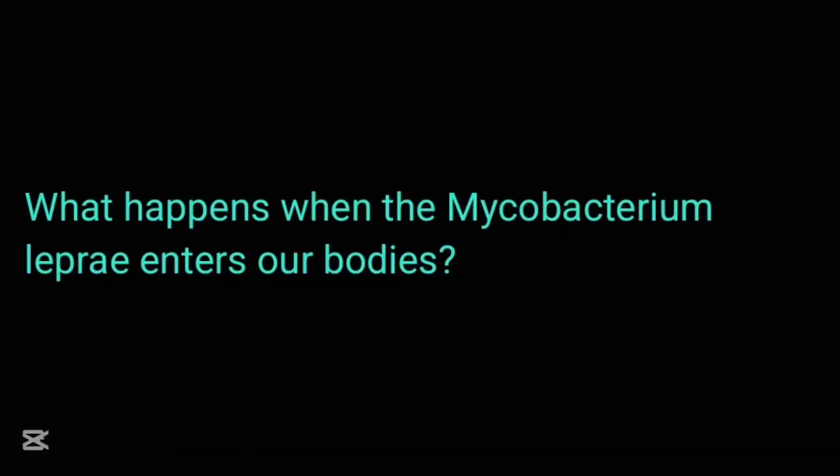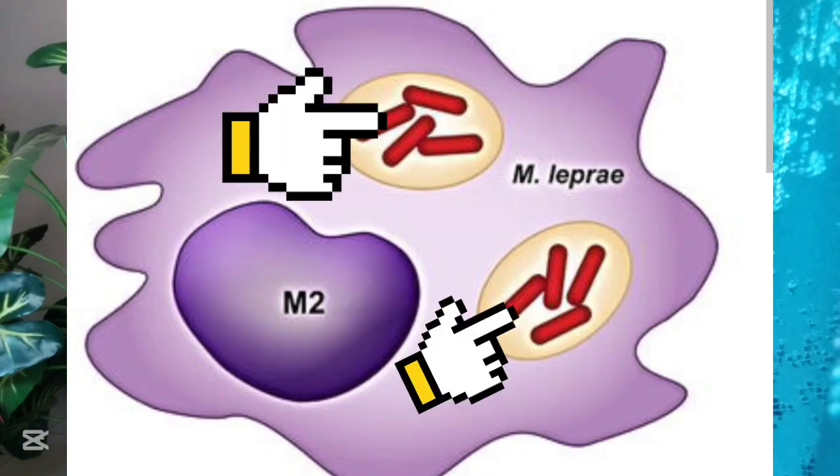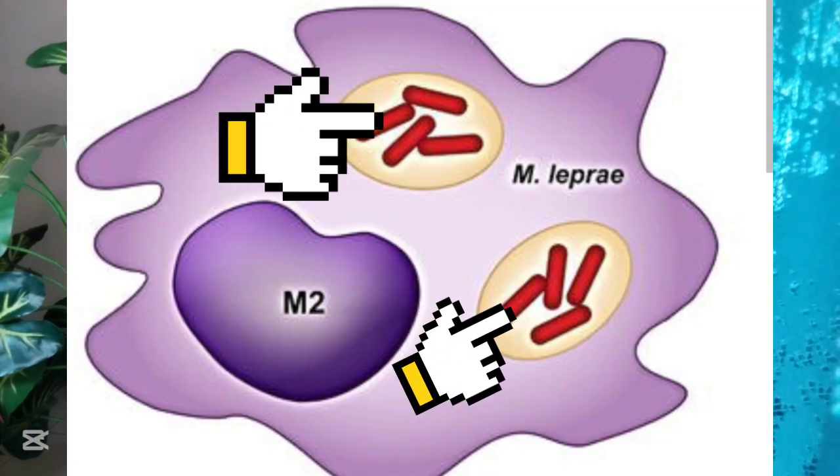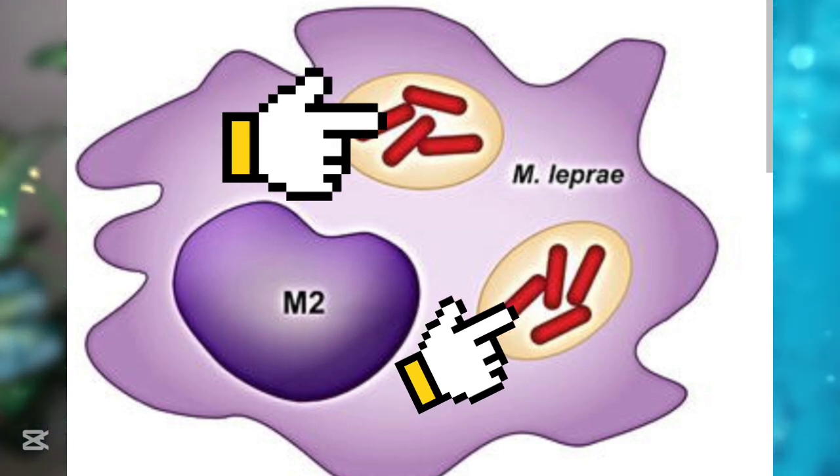However, in the setting where the affected individual had a low immunity, the macrophages will not be activated to eliminate the Mycobacterium leprae that they engulfed, that they swallowed. This means that the Mycobacterium leprae will continue to multiply in large numbers inside of the macrophages.